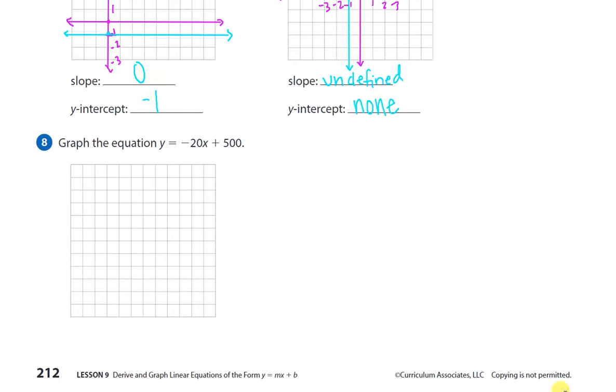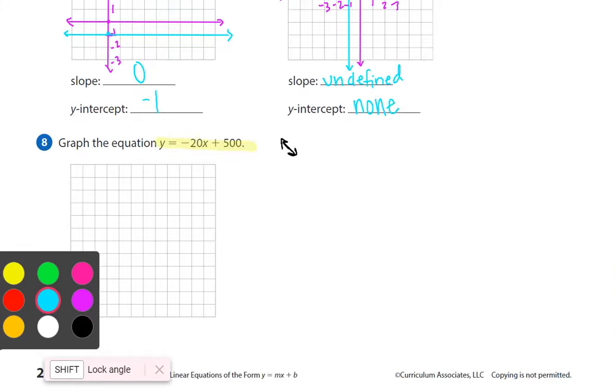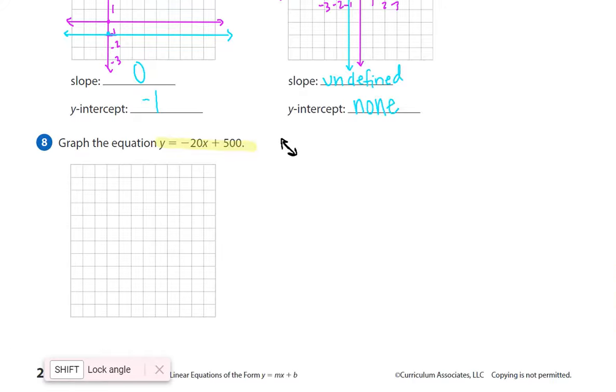Okay, now a simple one. Let's actually just graph this equation. Graph the equation y equals -20x plus 500. Okay, it's -20x. Our slope is negative, so we know the line is going to go that way. I am going to jump straight in, and if I'm wrong, I can always back out. So I'm going to put my origin right about here.